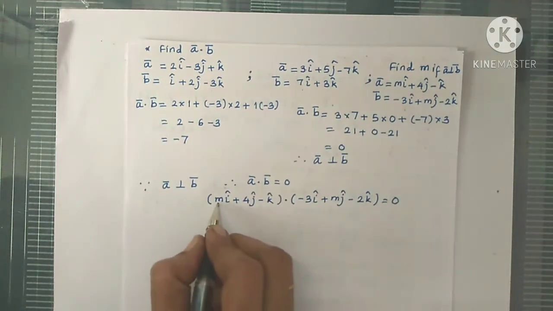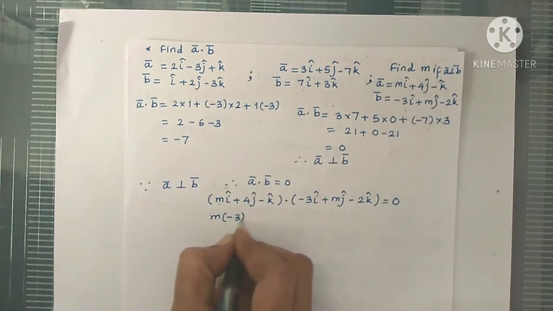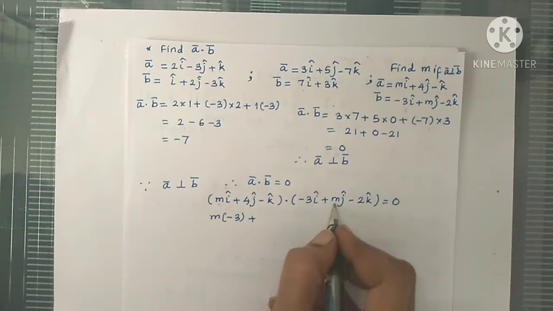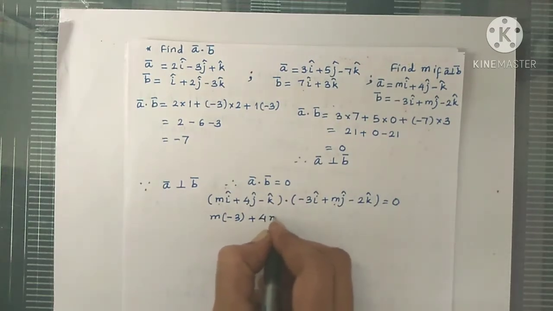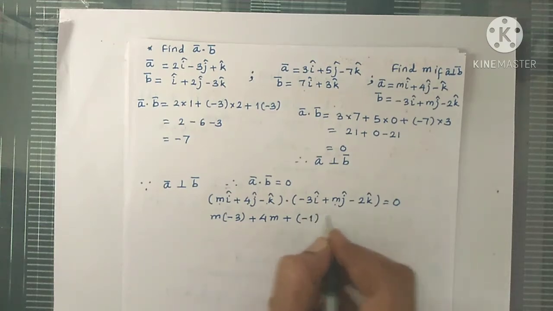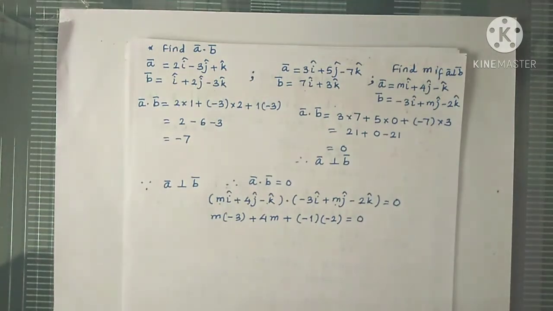So coefficients of i are m and minus 3. So m into minus 3. Coefficients of j, here it is 4 and here it is m. So 4m. Coefficient of k here is minus 1 and minus 2 in the second one. So their product, and this sum is 0.